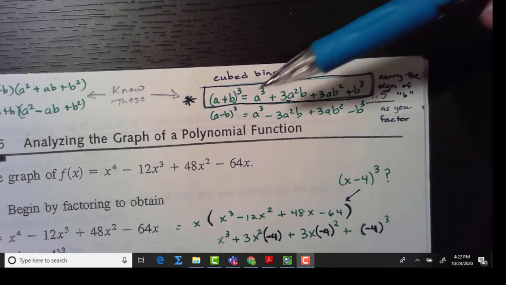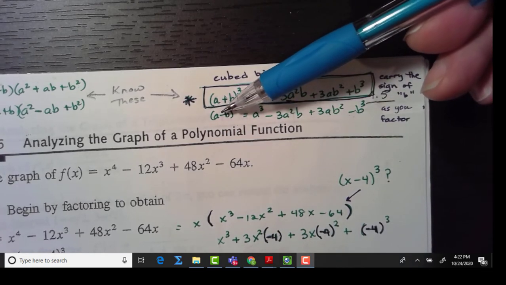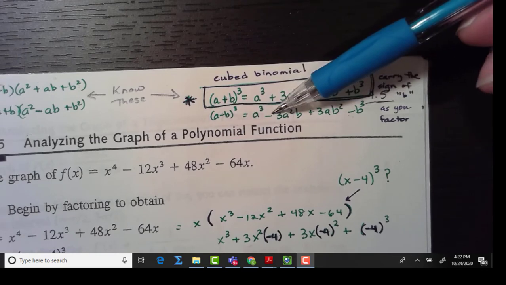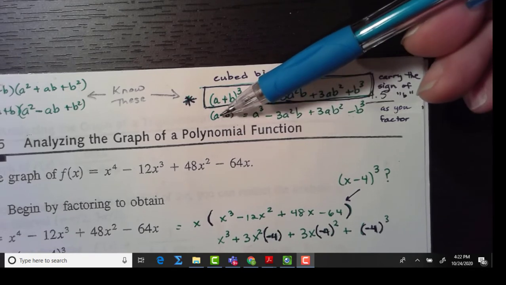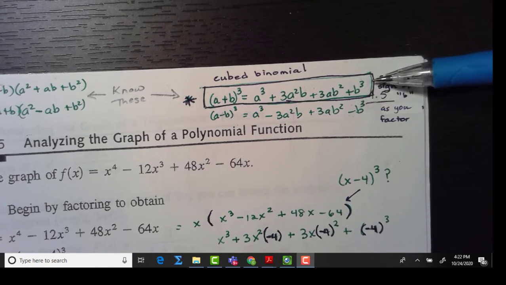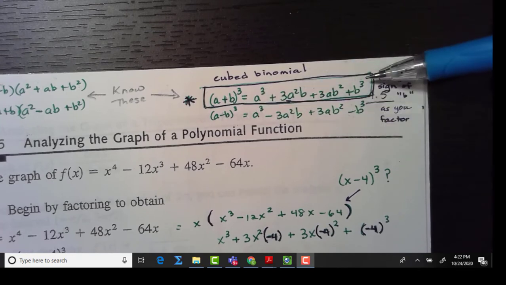That is because this is a negative sign. So when you take the negative sign with the b and put it with this here, it creates that negative sign. And the negative with the b here creates that negative sign. So you could memorize just this one formula, but remember when b is negative, the terms where you have b to an odd power will take on a negative sign.